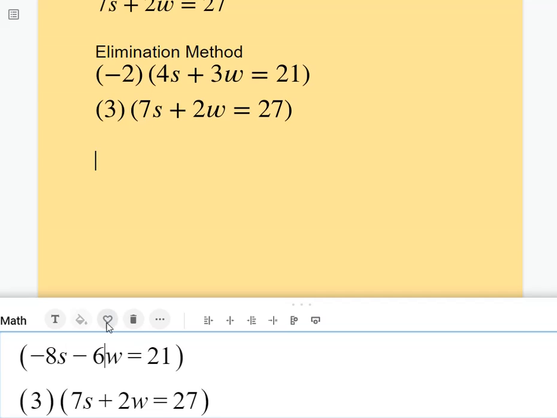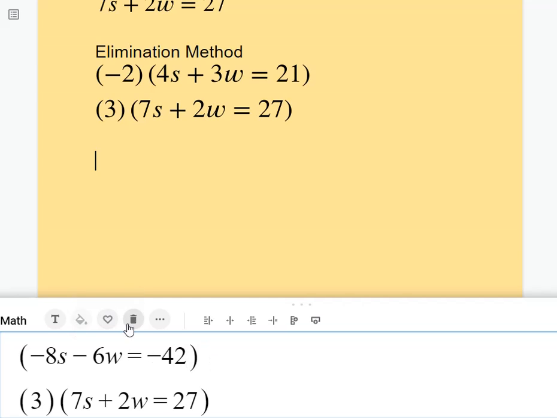Minus 6. And the 21 on the right hand side of the equal sign, you multiply that by minus 2, you get minus 42. Minus 42.